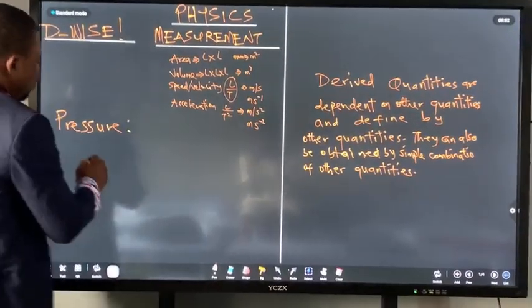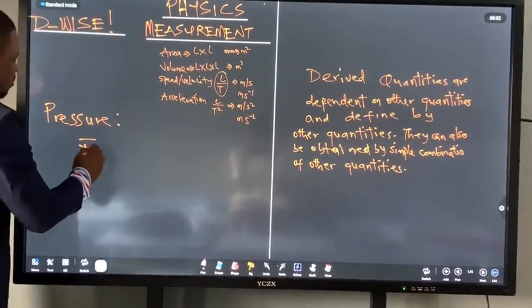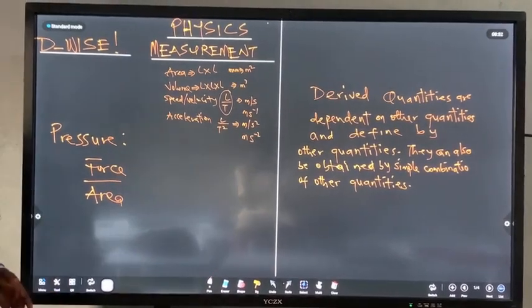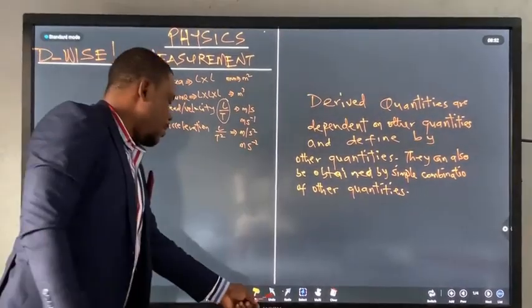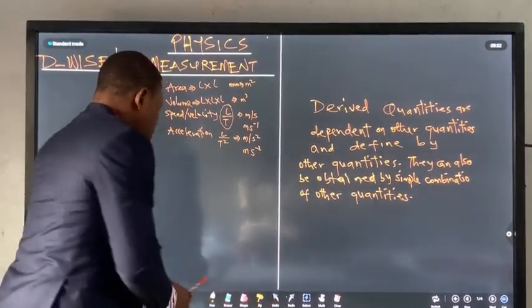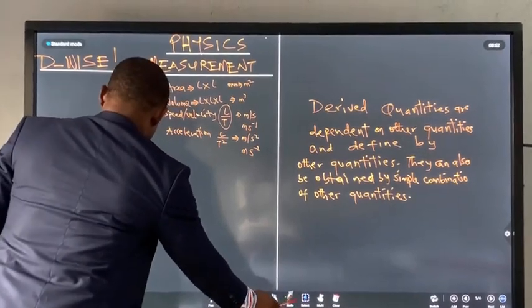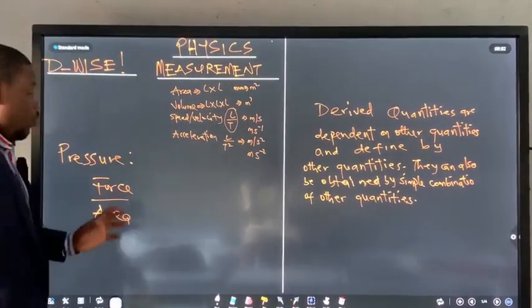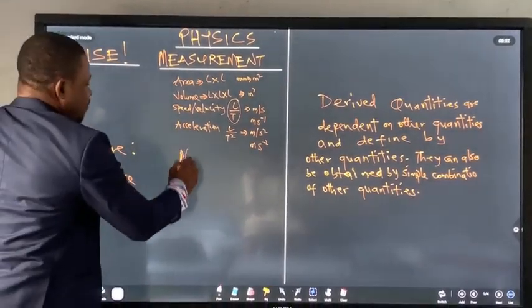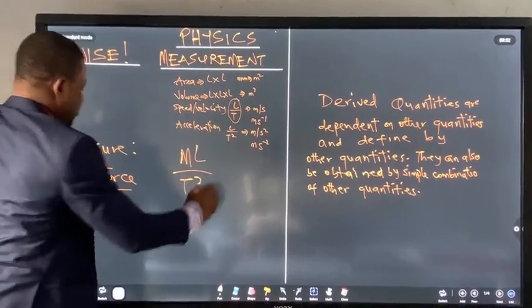What is pressure? Pressure is force over area. Force over area. We already said that force is kilogram meter per second squared. Force was ml over t squared.